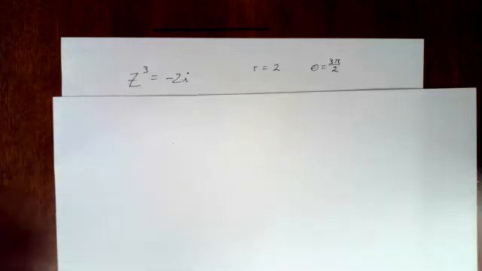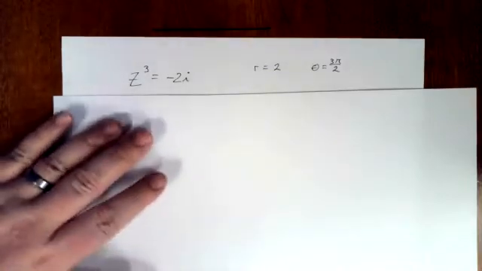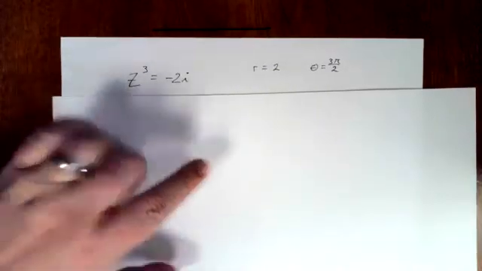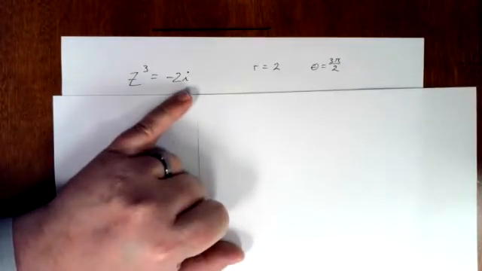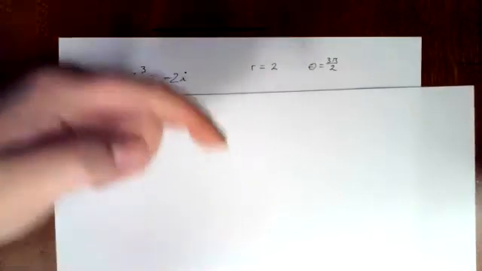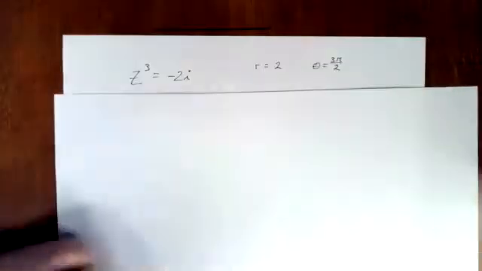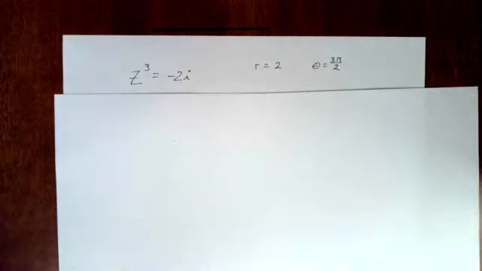Okay. So obviously the length of this number is 2. And it's just got a purely negative component. That means the angle is pointing straight down. So that's 3 pi over 2. It's not going left or right.